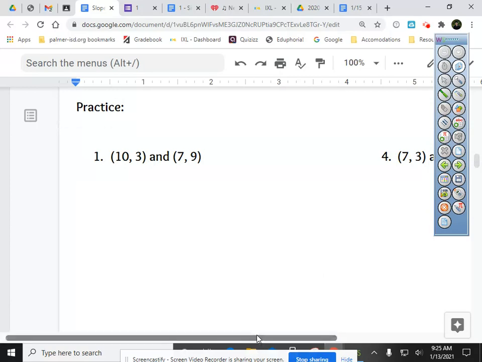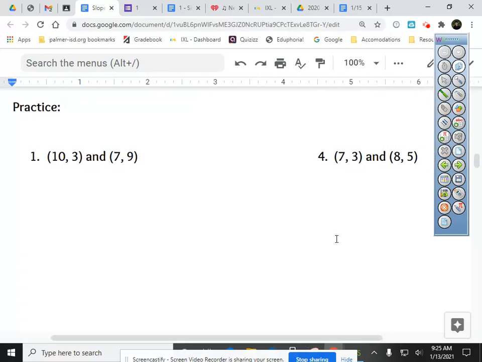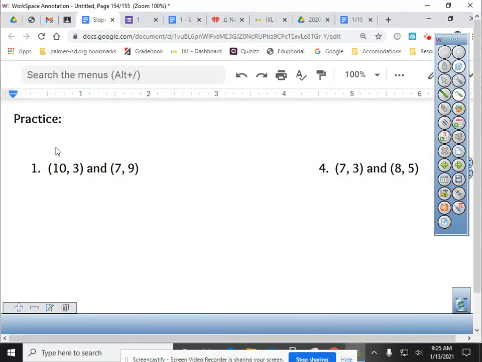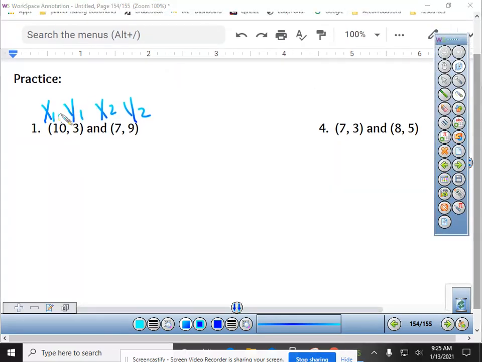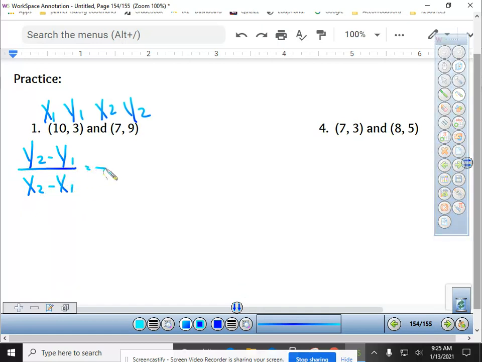Label. Everybody label. Number 1. X1, Y1. X2, Y2. Everybody write the formula. What's Y2? 9.